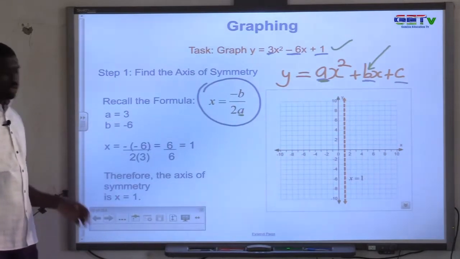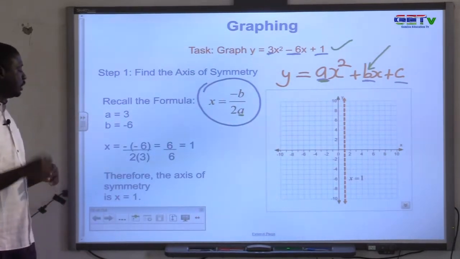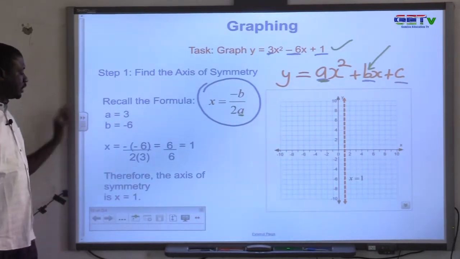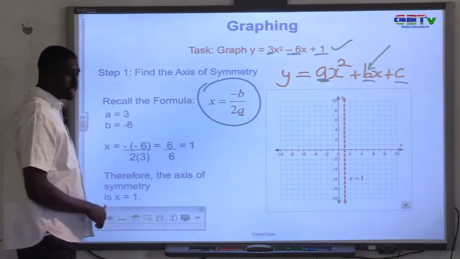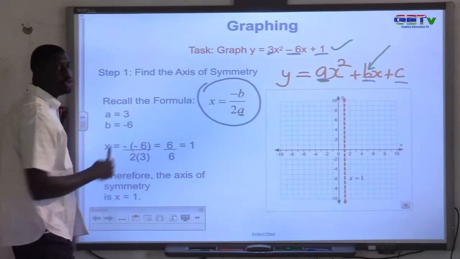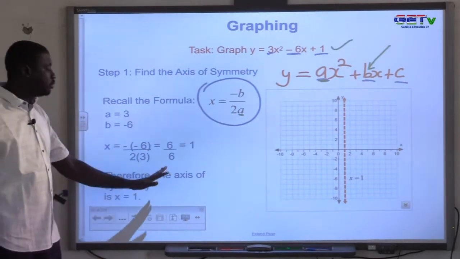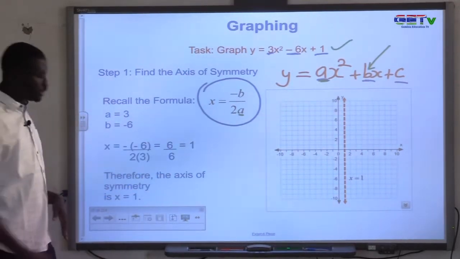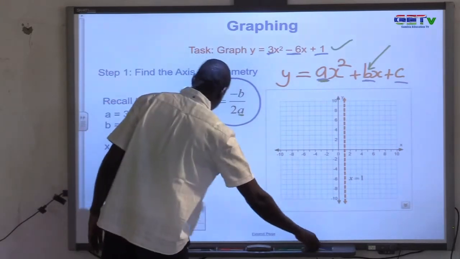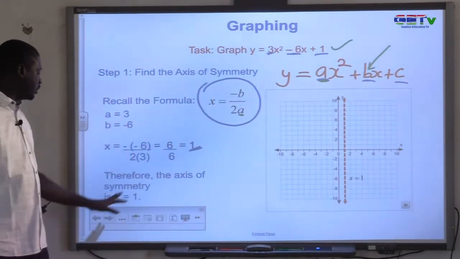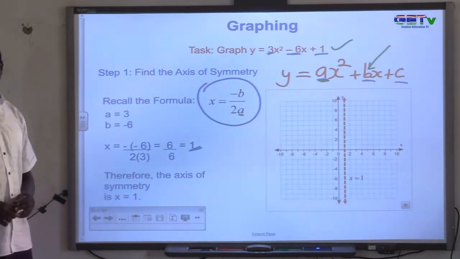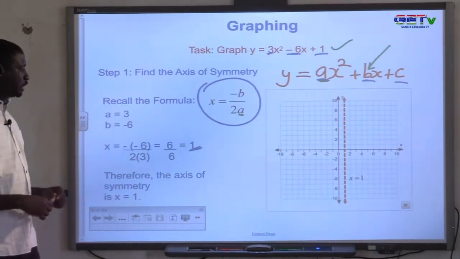So x is equal to minus negative 6, all over 2 times 3. 2 times 3 will give us 6. Negative times negative will give us 6 there. So it will be 6 divided by 6. 6 divided by 6 will give us 1. Therefore, the axis of symmetry is x equals 1. If x is equal to 1, then you go to the graph.